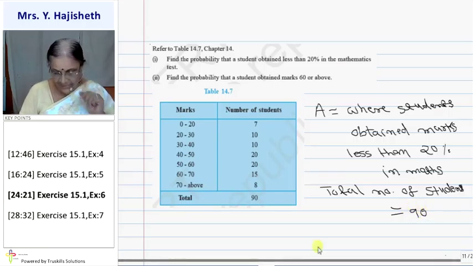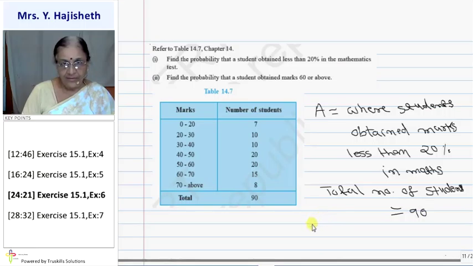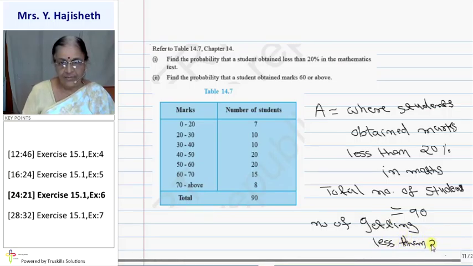And the number of students getting less than 20% is how many? Look in the table, less than 20% is how many? 7.